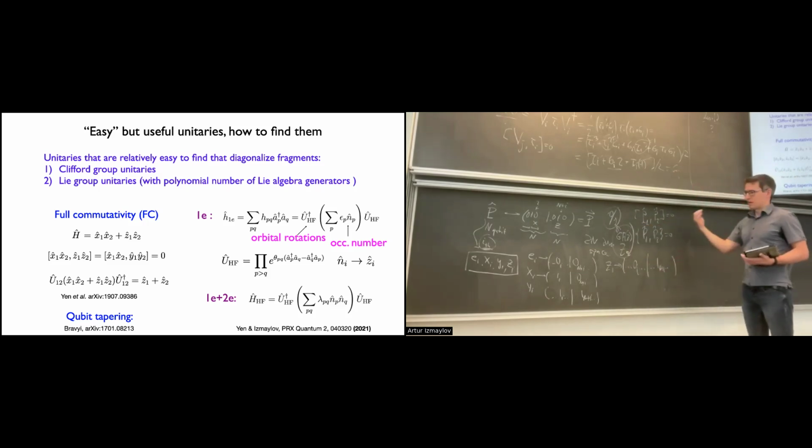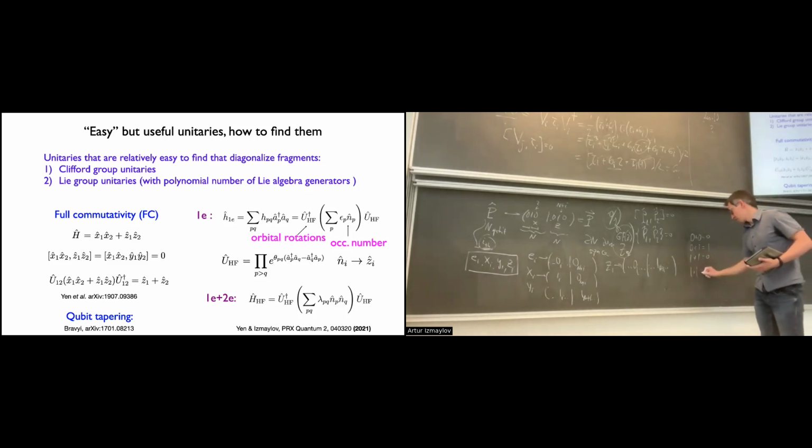You have addition, multiplication, and the only thing is that there are conditions like 0 plus 0 is 0, 0 plus 1 is 1, 1 plus 1 is 0. It's modulus 2 essentially, and then 1 times 1 is 1, 0 times 1 is 0.